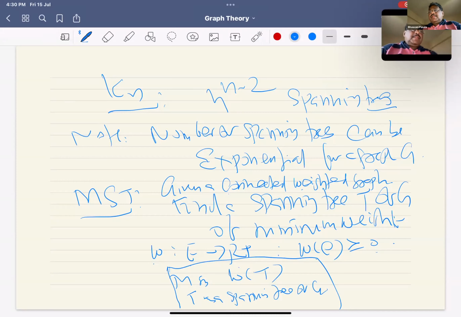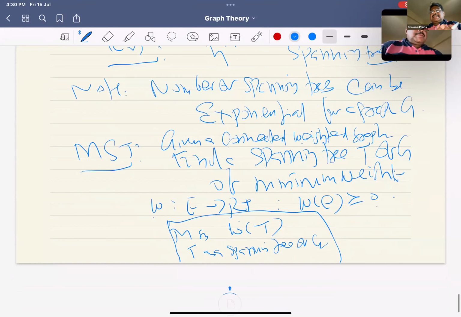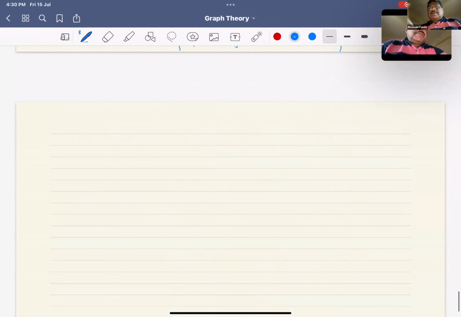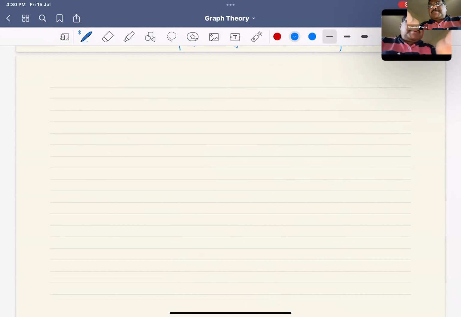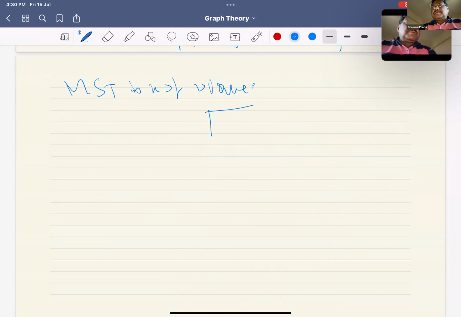Before going to the slides, let's see: a minimum spanning tree need not be unique. For example, take a graph with weights 1, 1, 2, 2. How many spanning trees does this graph have? 4.